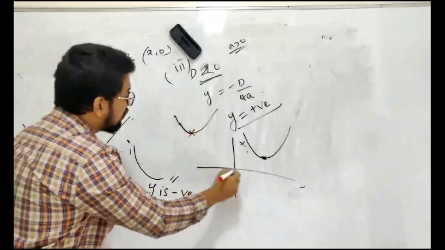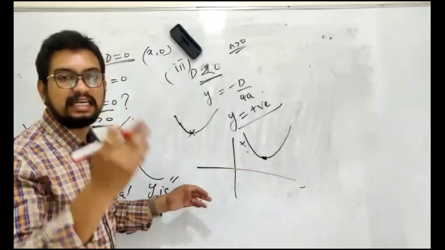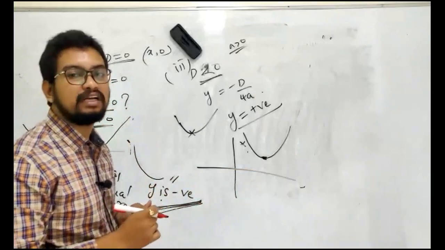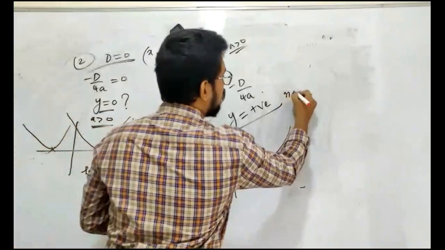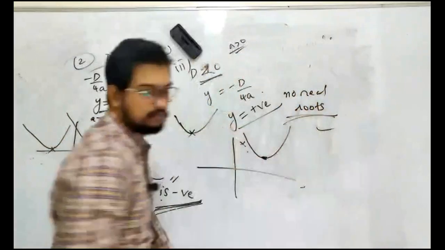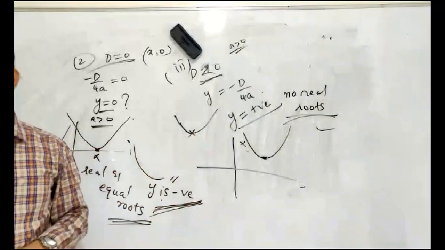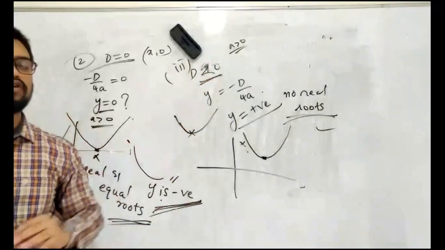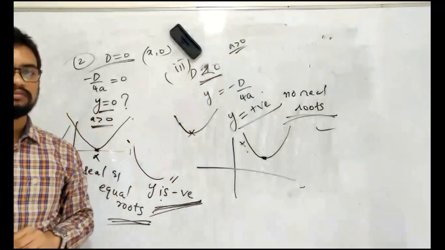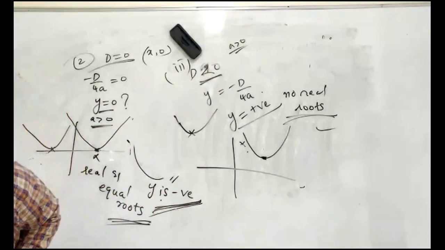This graph is never intersecting the x axis. So I'll write no real roots. From the graph you can learn in the same way.